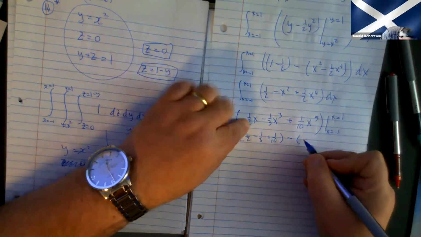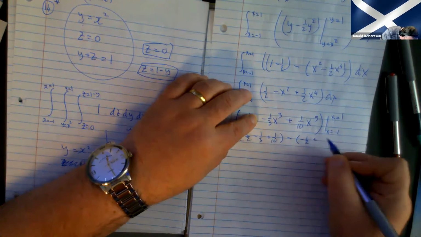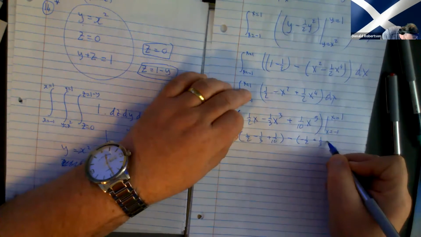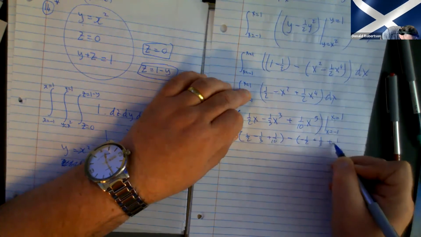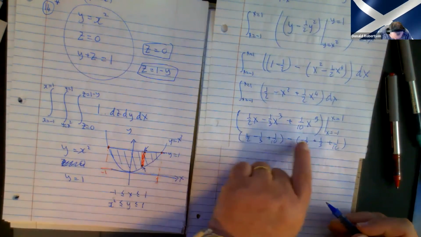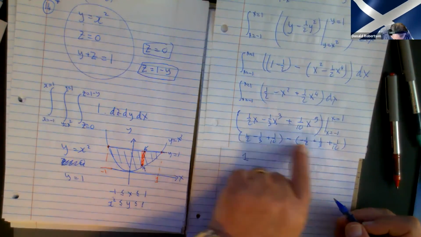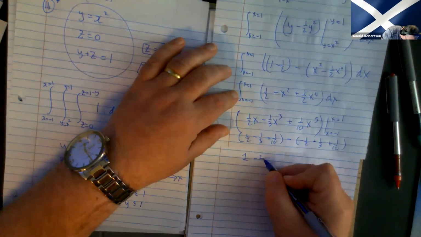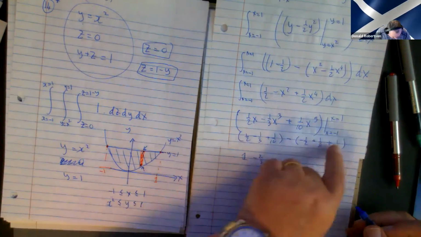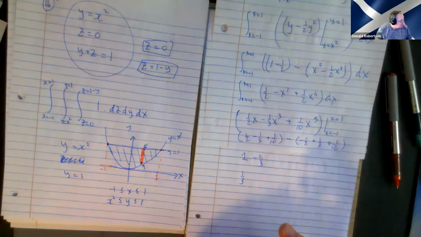If you plug in -1, you get -1/2, you get plus a third, plus 1/10. A half take away -1/2 is 1. A third take away a third is -2/3. And 1/10 take away a tenth, gone. So it looks like the answer is a third.